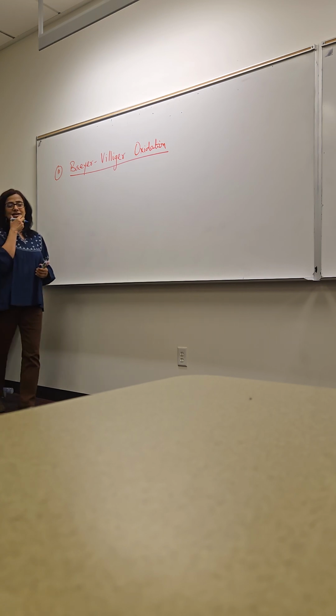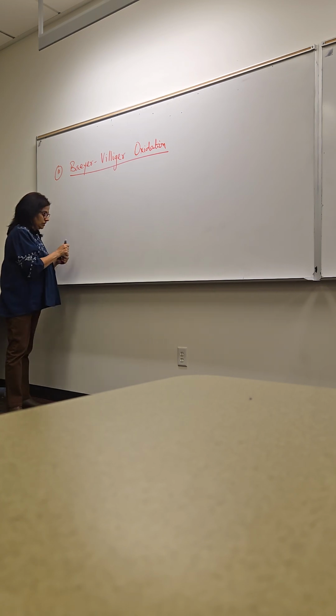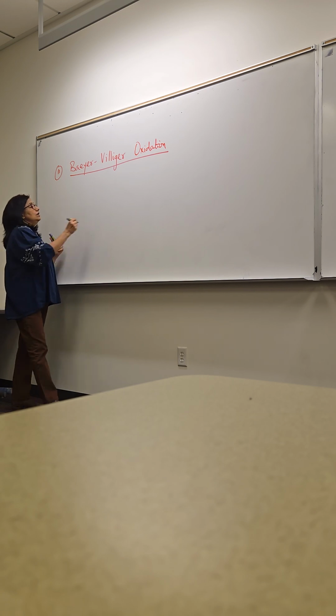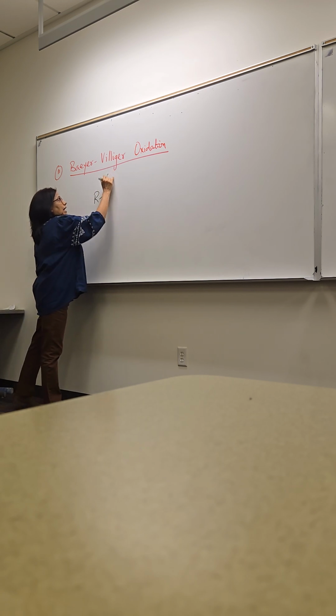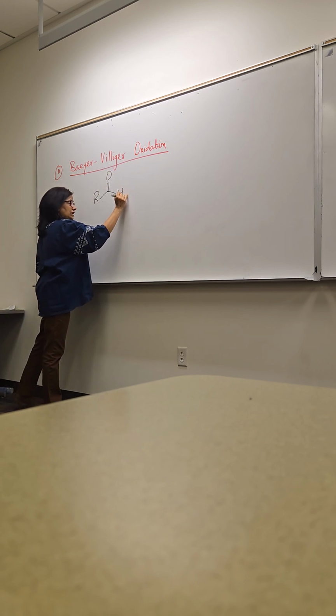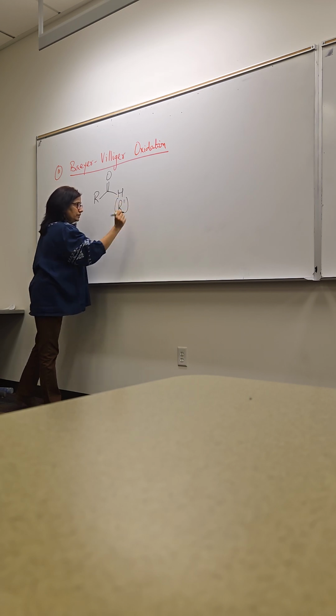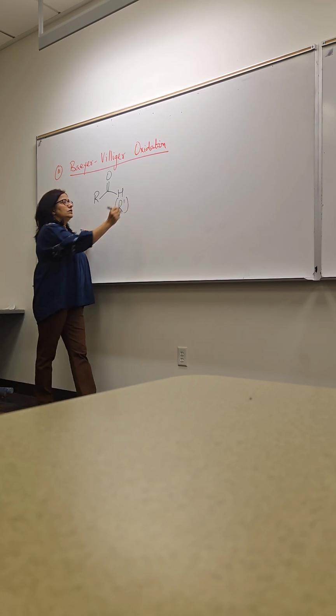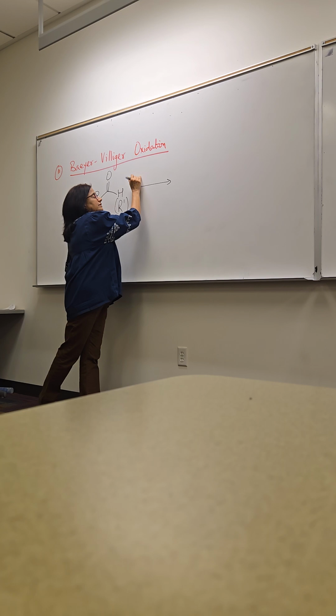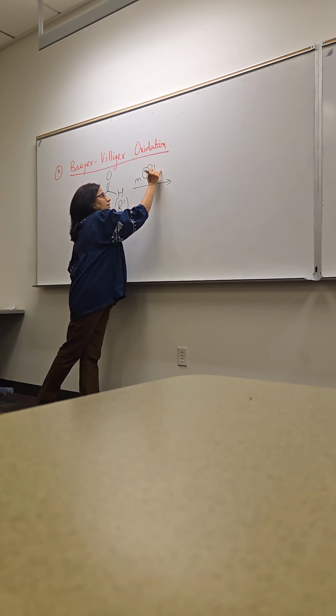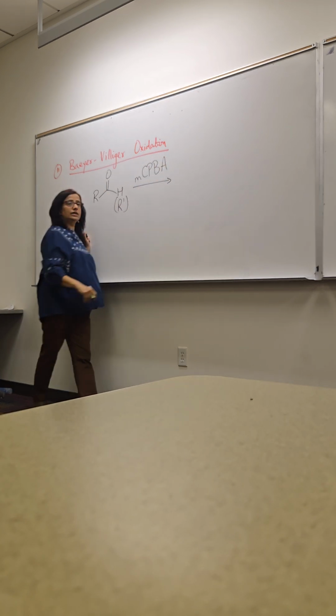Baeyer-Villiger oxidation is an oxidation reaction where aldehydes or ketones, even ketones, do undergo this reaction. The oxidizing agent is something you've seen before. Do you guys remember seeing this before? MCPBA.